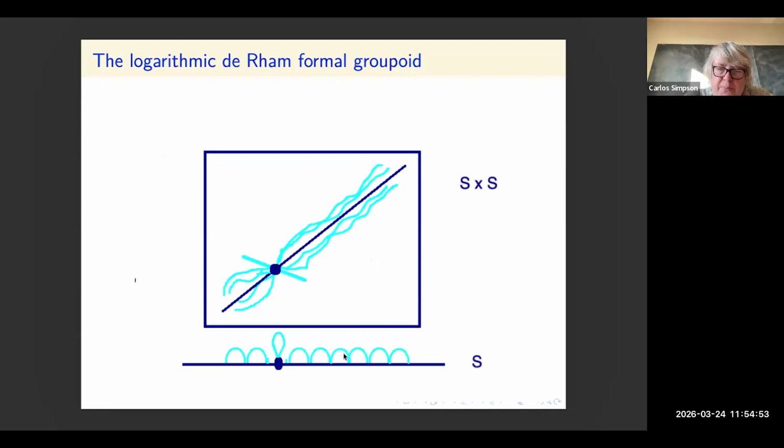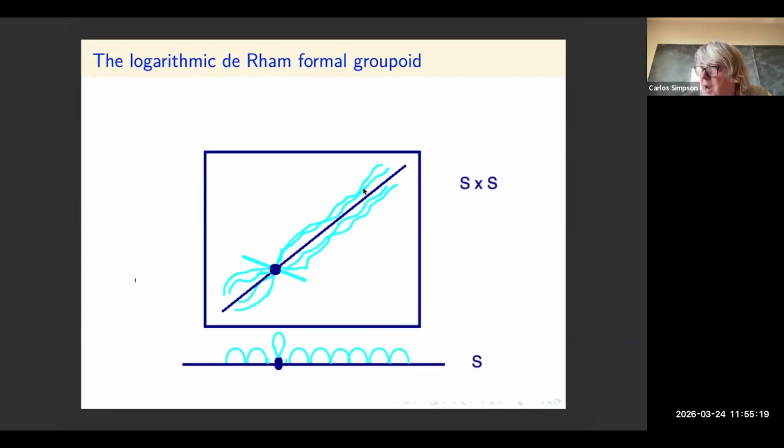These points which are different from the origin get linked to infinitesimally close by points. But at the origin, the point just becomes linked to itself, basically. And in terms of the formal category, the formal completion of the diagonal gets twisted over the origin to become vertical, basically.